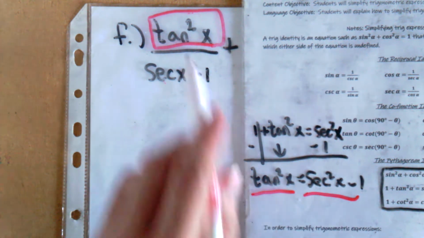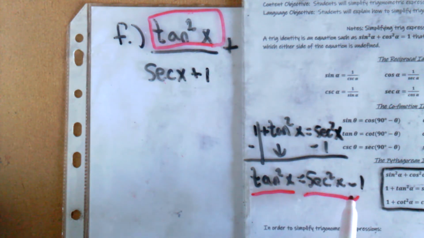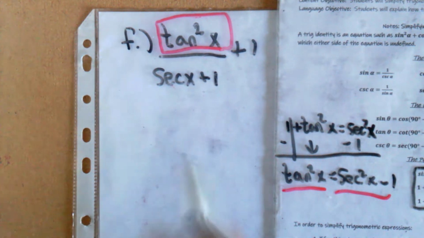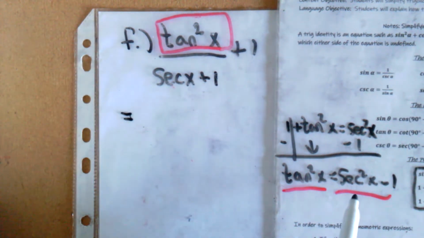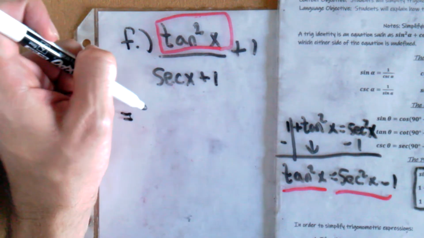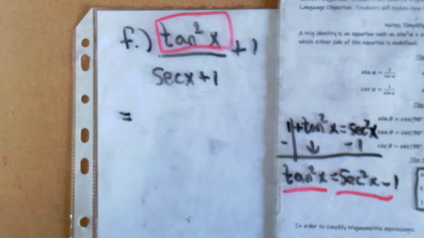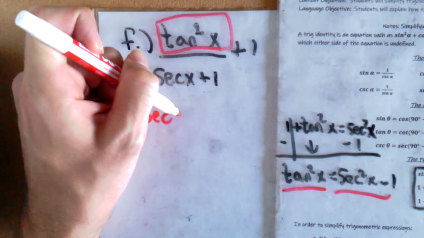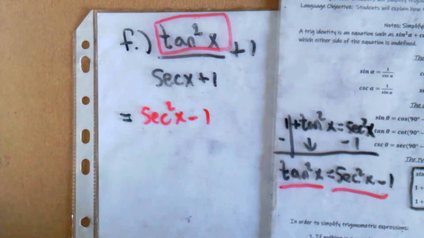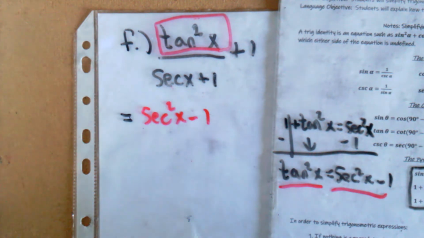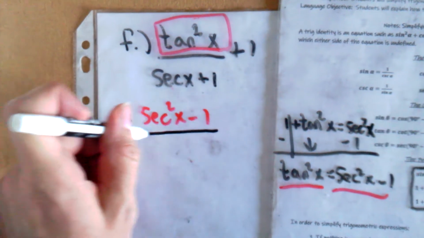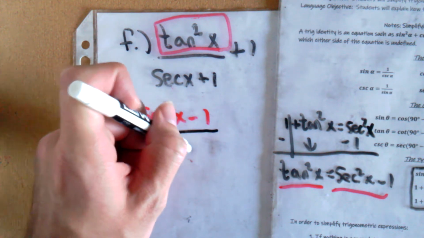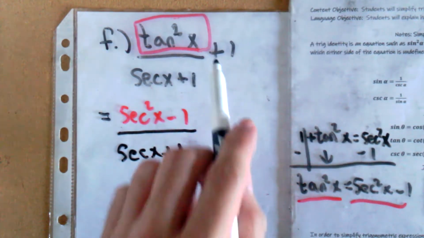So we can rewrite our problem as secant squared minus 1 divided by secant plus 1. Just bring everything else down now. Plus 1.